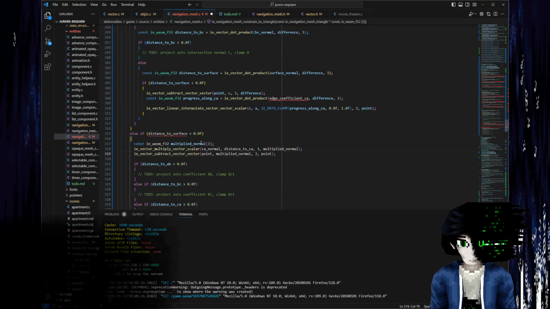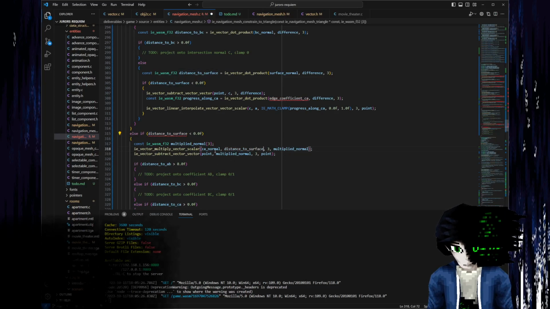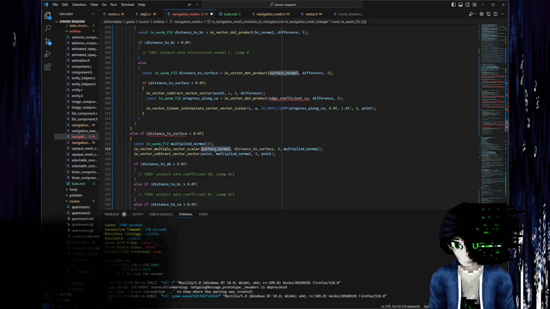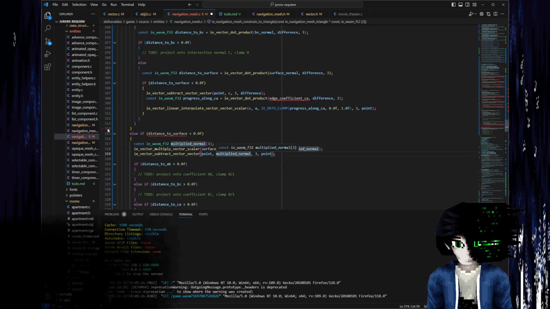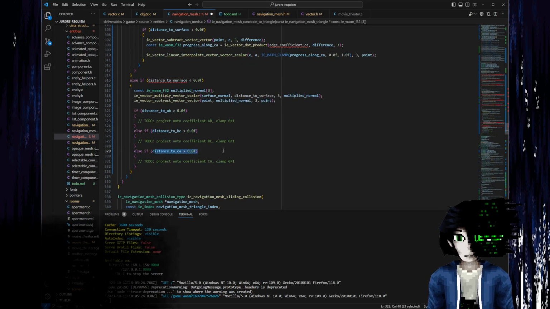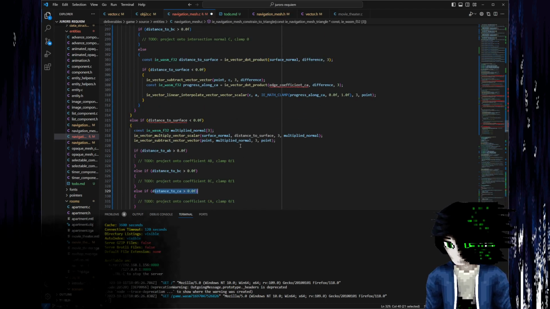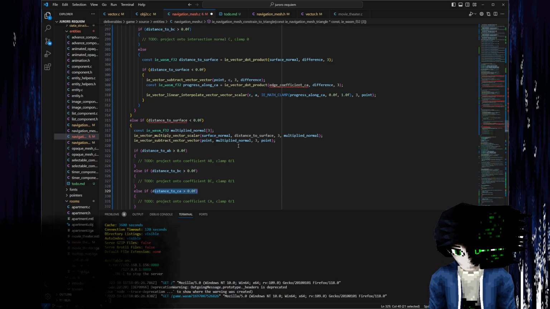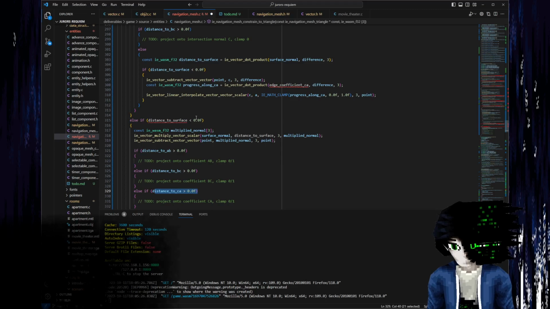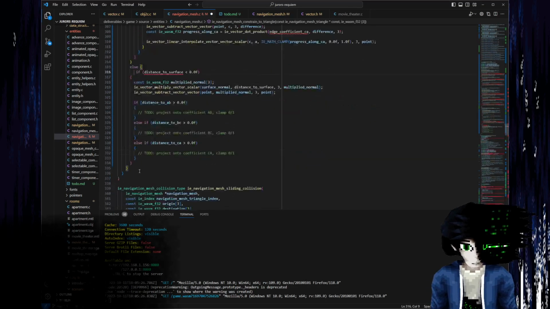Okay, so at this point we know we're underneath the surface and we can use the distance to the surface, multiply it by that surface normal. We've now projected the point onto the surface and now we can start comparing the point to the various edges, and yeah, that should be good. Let's just calculate our surface distance here.